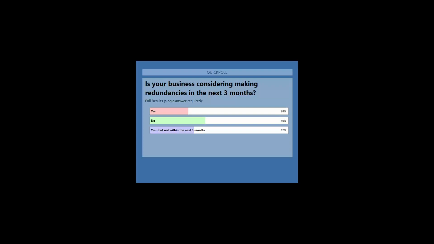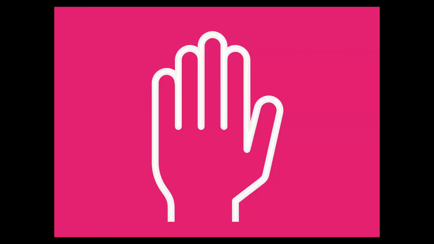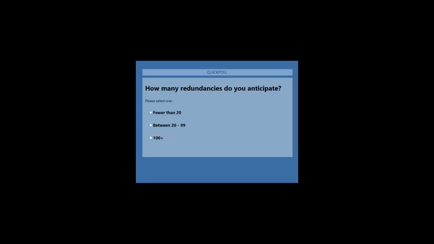Yeah. Okay, thank you. So I'm going to run a second poll, and it's more about the numbers now. How many redundancies are you anticipating in your organisation? So we have 3 categories of fewer than 20, between 20 and 99, or 100 or more.